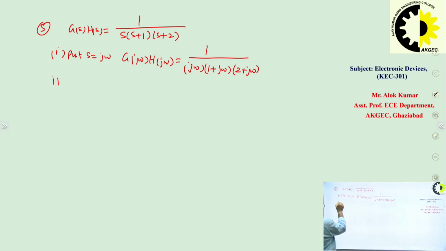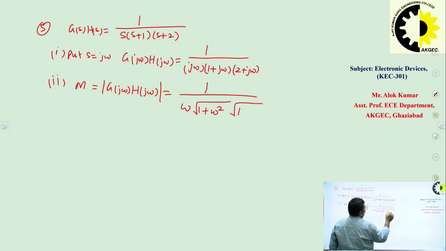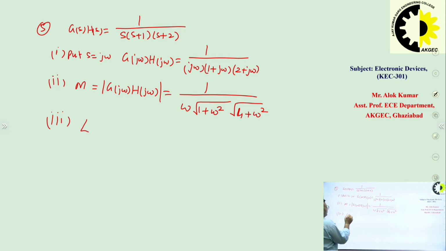We can find the magnitude of G of j omega, H of j omega. We can write 1 divided by omega into under root 1 plus omega square, under root 4 plus omega square, right? This will be the magnitude. In next step, we can calculate the angle of G of j omega, H of j omega.